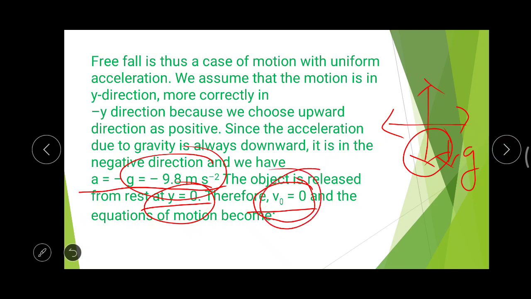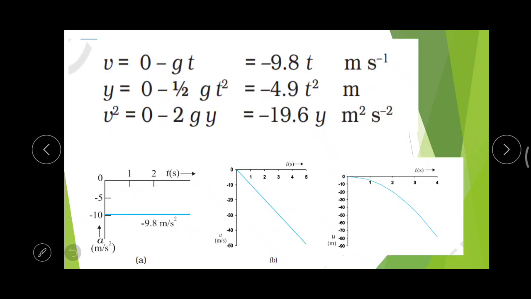So as we are considering these conditions in the kinematic equations, the equations will change as follows. v is equal to v0 plus at.